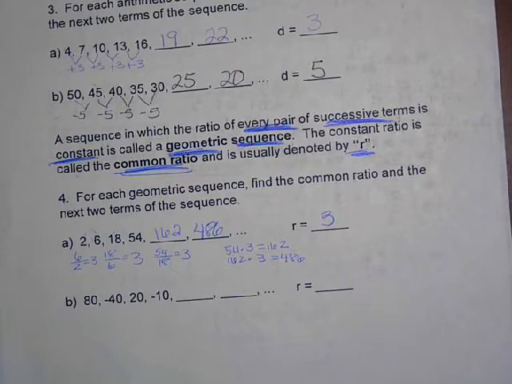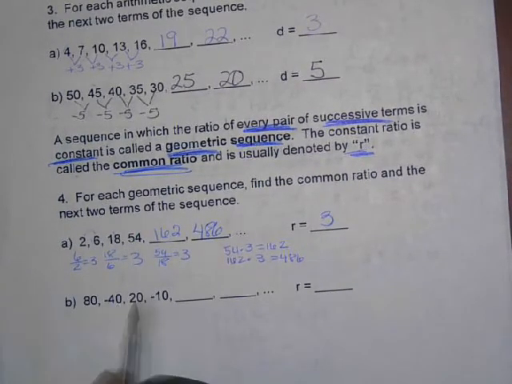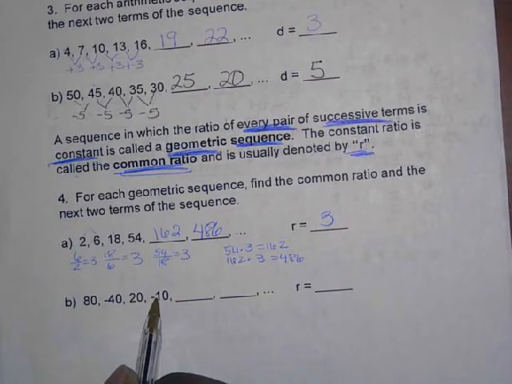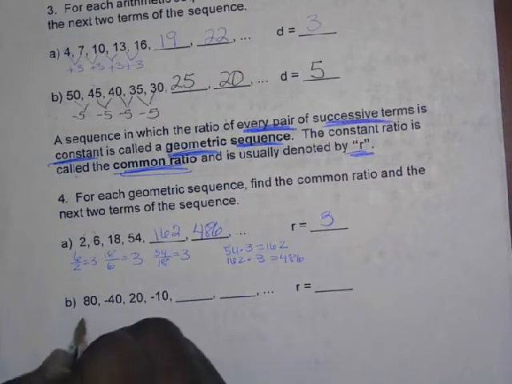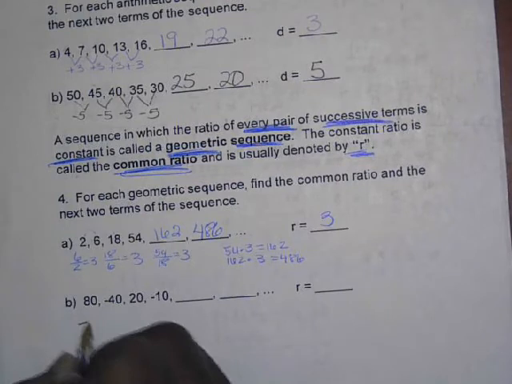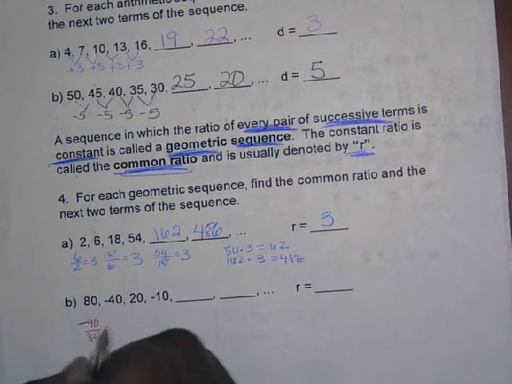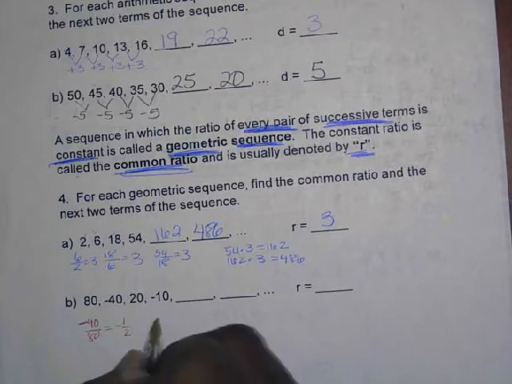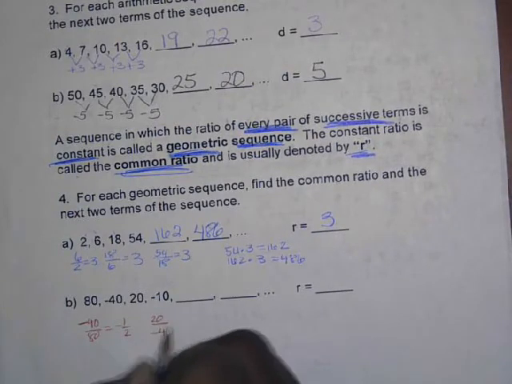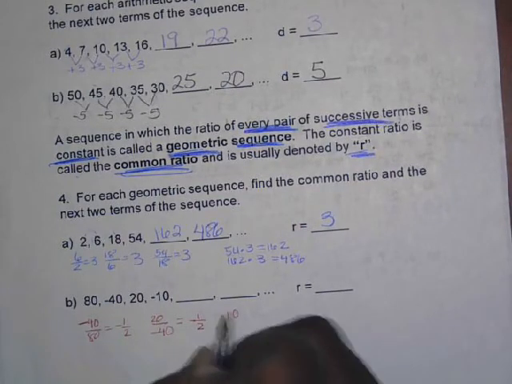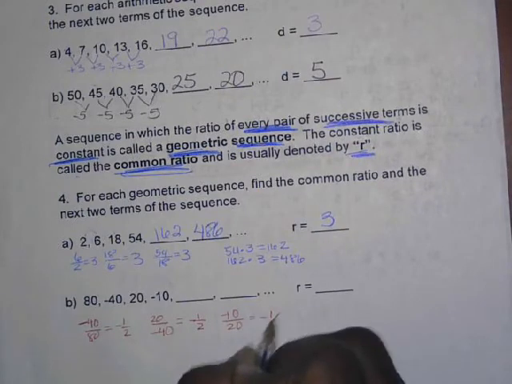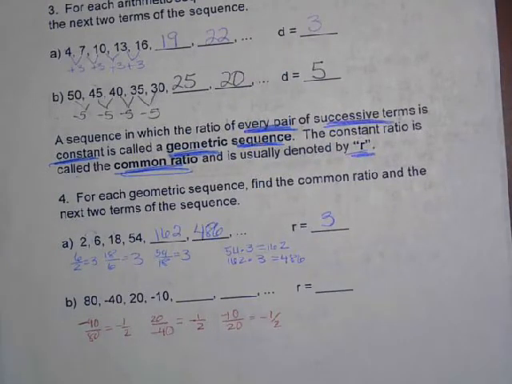Alrighty, last one. 80, negative 40, 20, negative 10. What am I doing here? Well, let's see. If I have negative 40 over 80, that gives me negative 1/2. 20 over negative 40 gives me negative 1/2. Negative 10 over 20 gives me negative 1/2. So what's my common ratio?